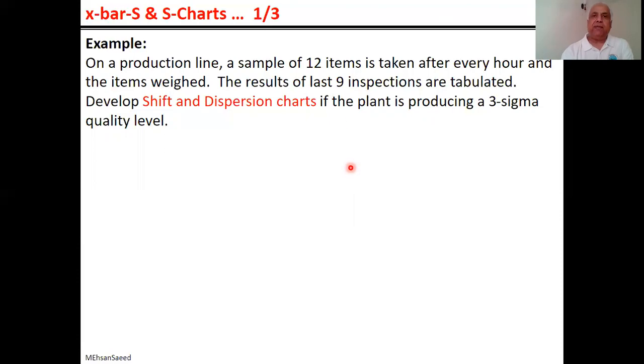So what do we have here? N, the sample size, is 12 and the number of samples is 9. Because the sample size is greater than 9, we will use the X bar chart with standard deviation this time. And the corresponding dispersion chart would be the standard deviation chart, or the S chart.